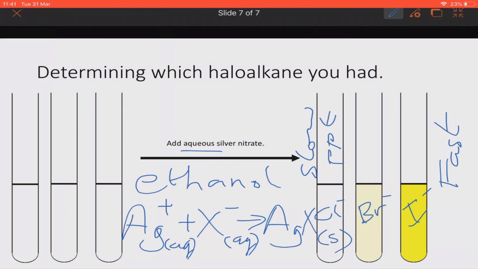We could get a feel for that practically by timing how long it takes from the addition of the aqueous silver nitrate until we cannot see through our test tube, in a similar way that you used the hydrochloric acid and sodium thiosulfate experiment in year 11 with a cross at the bottom. But we can practically do that.